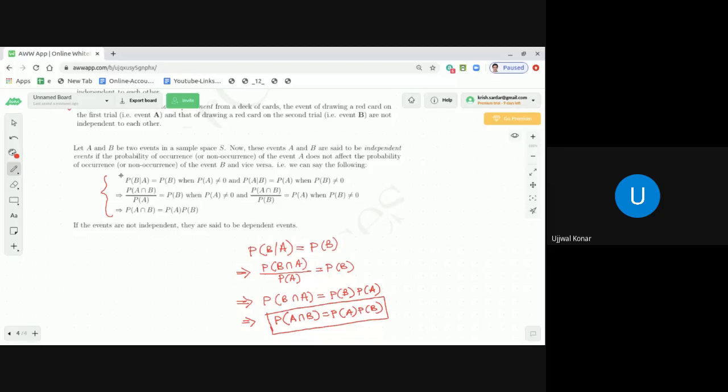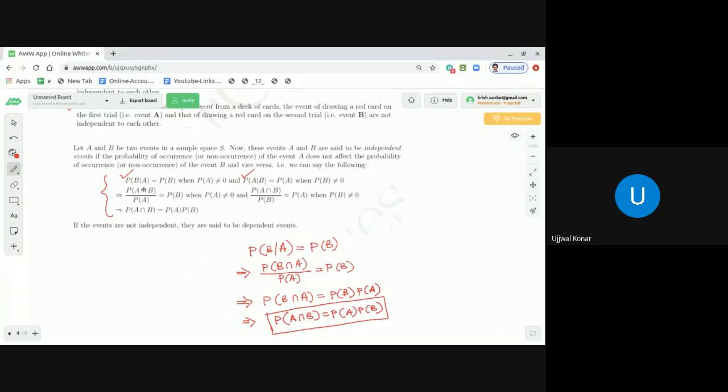You see, probability of B slash A is equal to probability of B when probability of A is not equal to 0, and probability of A slash B is equal to probability of A when probability of B is not equal to 0. Obviously, probability of A not equal to 0 and probability of B not equal to 0, you understood.